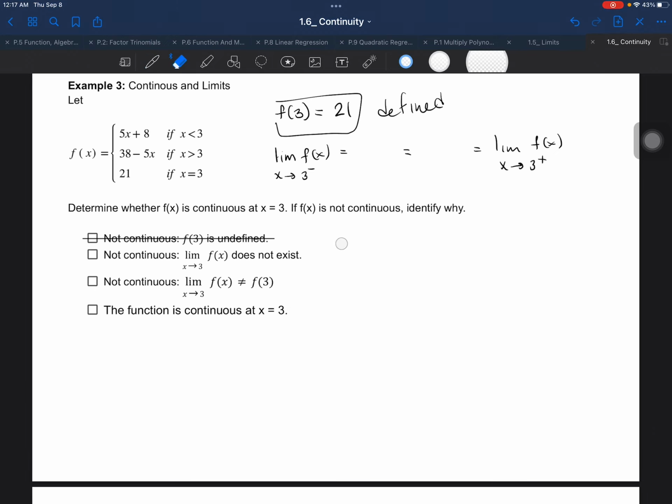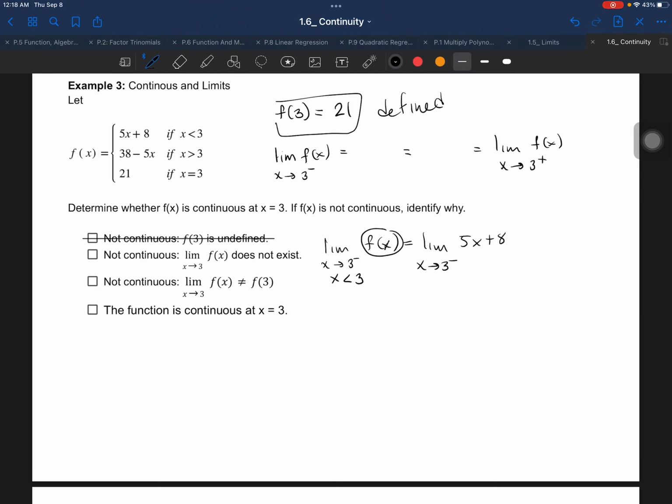Maybe I can do it in a different way. I can say the limit as x approaches 3 from the left side is equivalent to the limit of 5x plus 8 as x approaches 3 from the left side, because this is the case where x is less than 3.